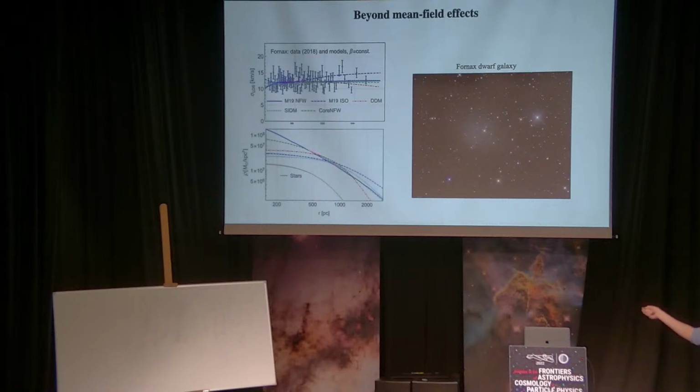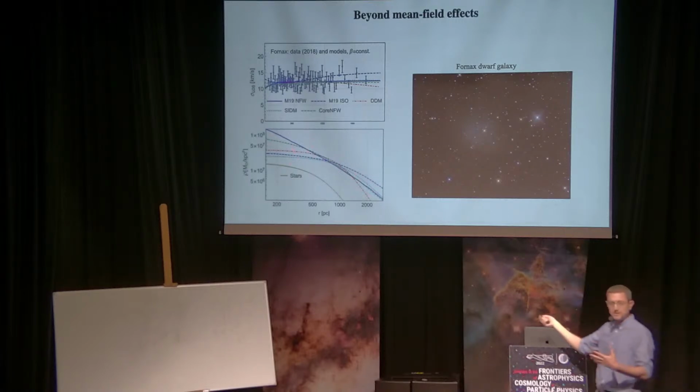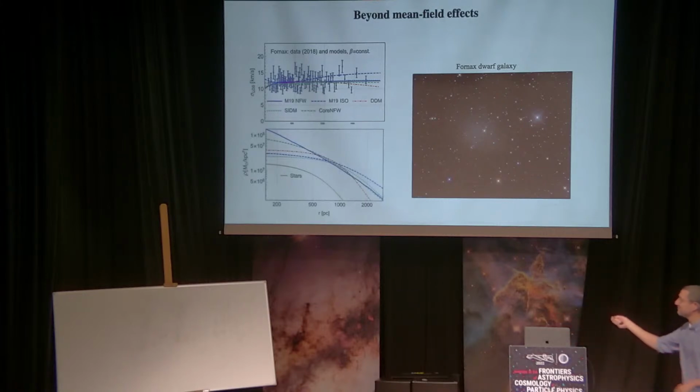But as you can see, we discussed this a bit before in the first lecture, there are several different, potentially radically different looking models of dark matter that can all fit reasonably well the observed velocity dispersion.